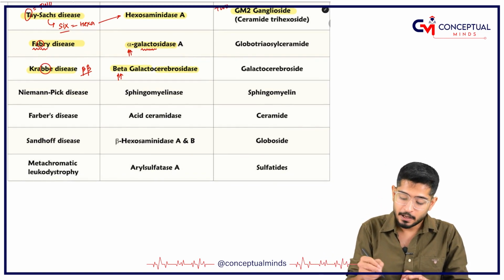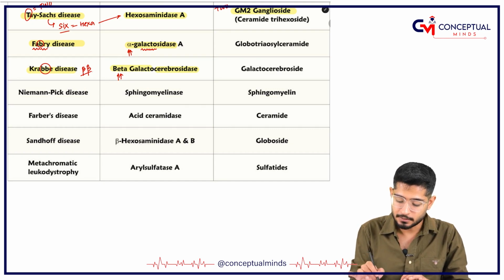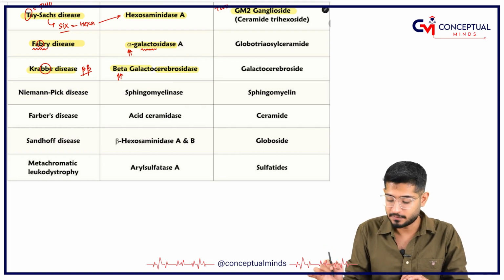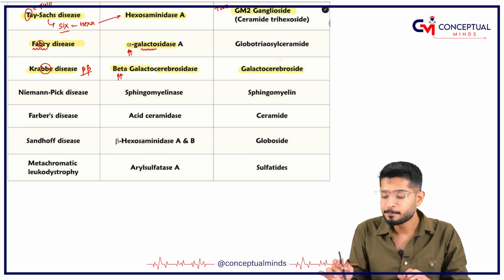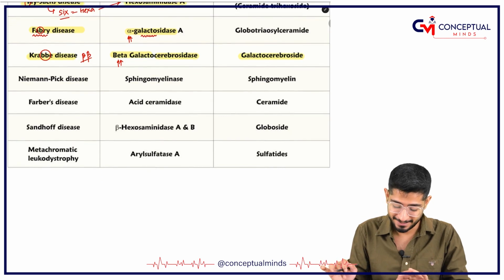Because there is beta galactocerebrosidase deficiency in Krabbe's, galactocerebrosides are going to accumulate. Whereas in Fabry's disease, trihexosylceramide is going to accumulate, but it's not very important, so you can leave it.